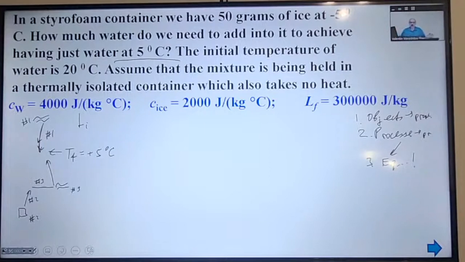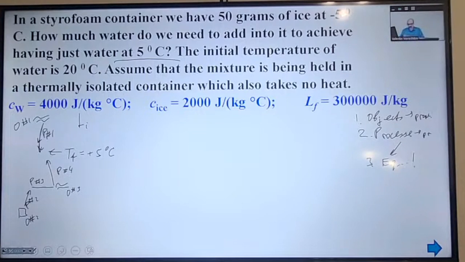And now, see, we can confuse ourselves with these numbers. Object, process, object, process, process, object, and then the process number four, final warm.